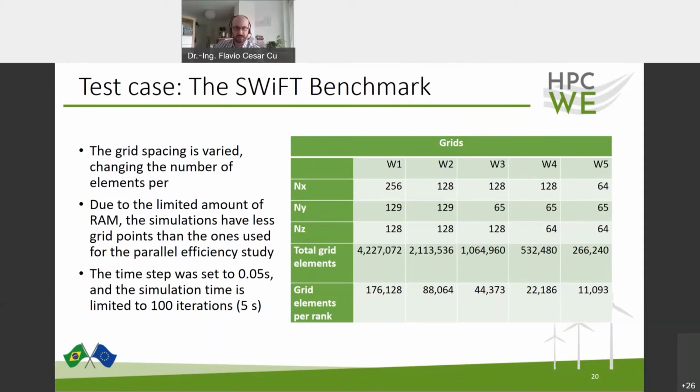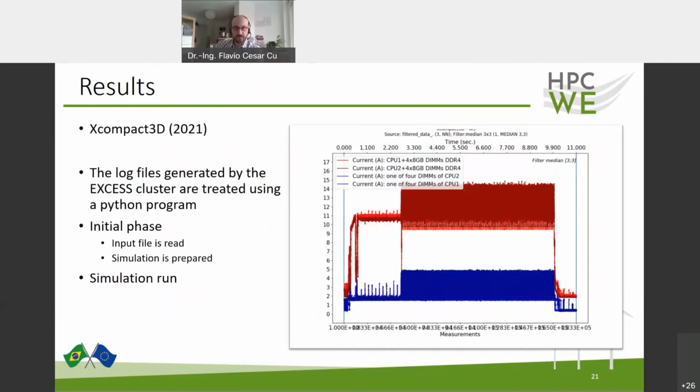The time step is the same for all simulations, 0.05 seconds. For these simulations, I have used the new version of the software XCompact3D, and the logs generated by the Access cluster are treated using a Python program.